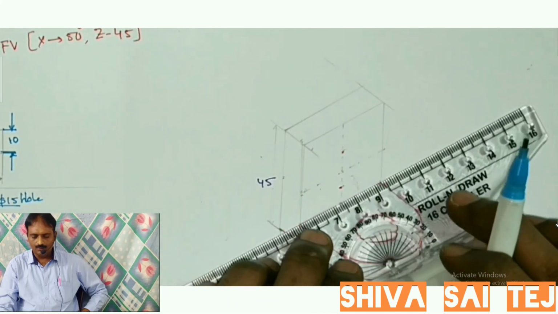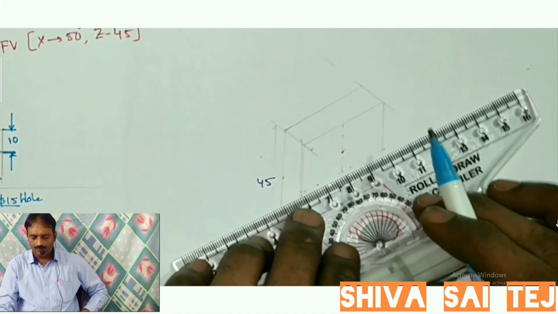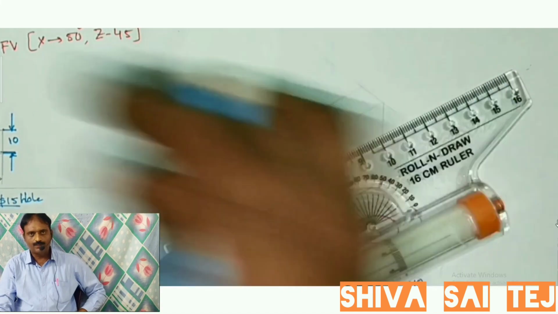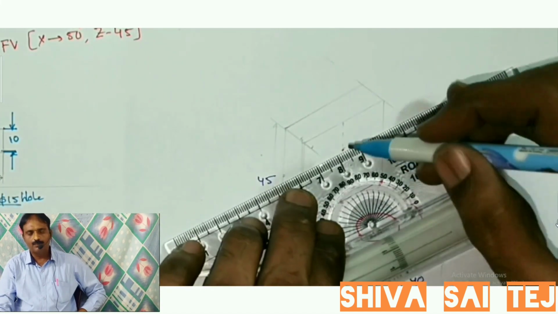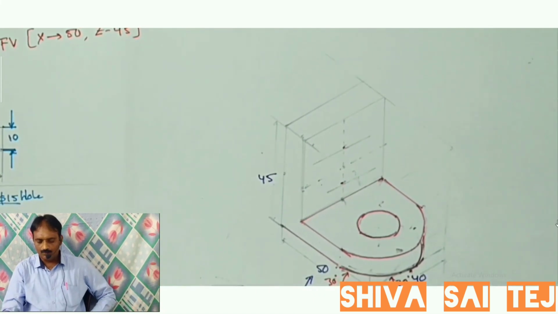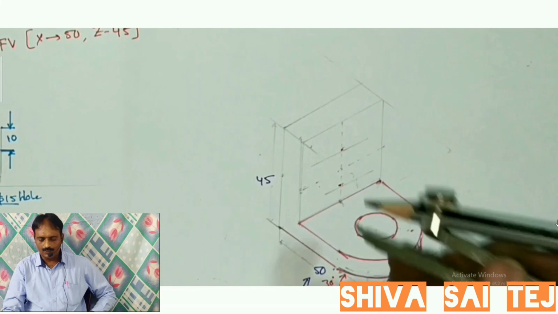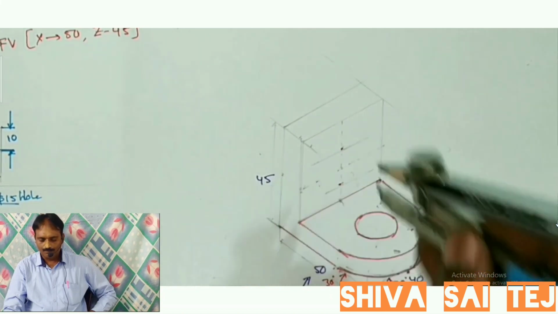So if we use the drafter and all these instruments, it will be comfortable, and the level of accuracy will be more. Here I am constructing the rhombus in order to draw the isocircle in that plane.